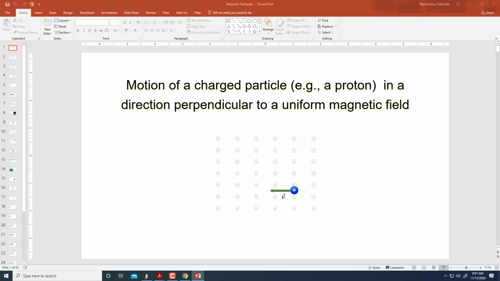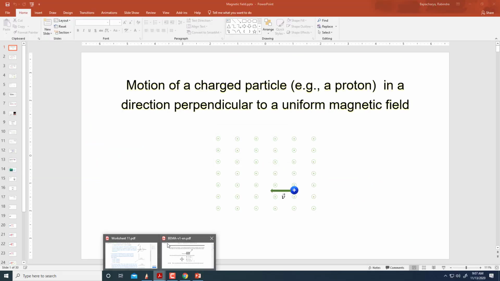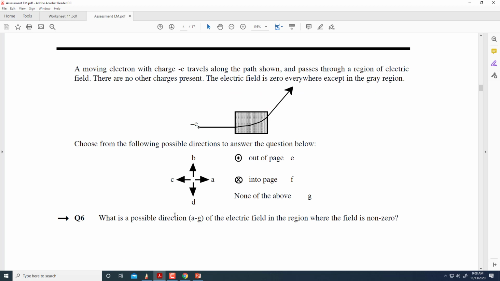So let's look at a conceptual question. In this case, there is an electron moving from left to right, and it enters the electric field. Okay, so this part is the electric field. And because of the presence of the electric field, the path of the electron deviates, it goes up, it is deflected up.